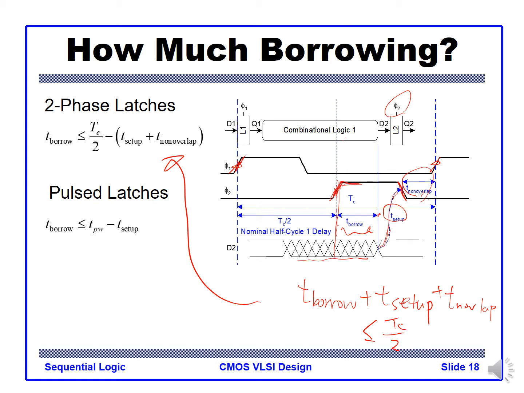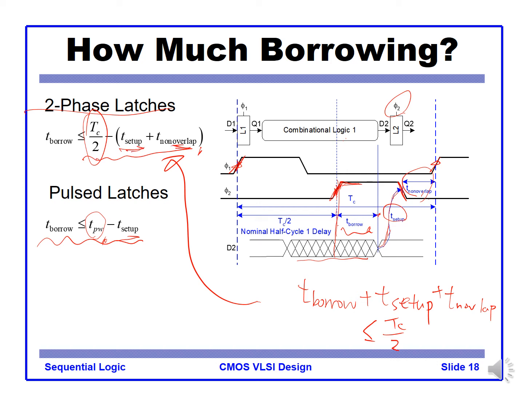A similar calculation can be done for pulse latch. Pulse latch can borrow time just a small amount, like T pulse width minus T setup. But in two-phase latches, we can borrow a lot of the time, almost half cycle minus T non-overlap and T setup.